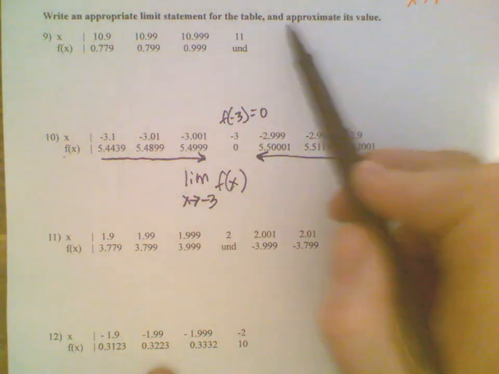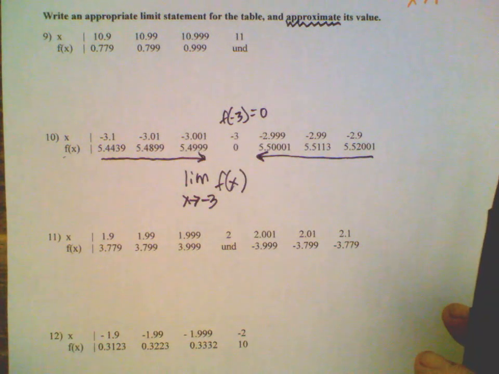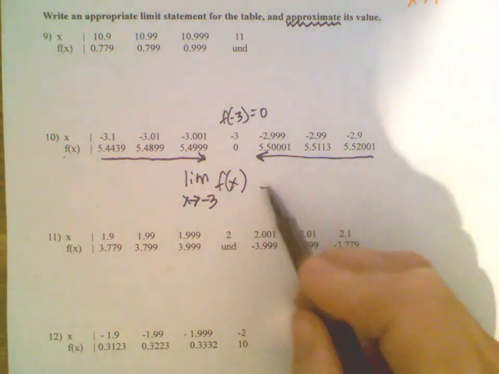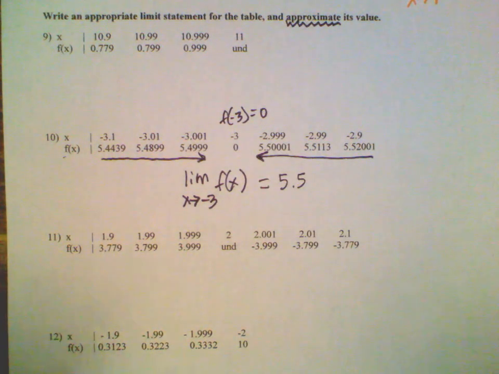And when our directions say approximate its value, that's all we can do. I don't know exactly where it's headed, but it looks like it's getting pretty close to 5.5 would be my guess, and that's the best I can do. And if you say give a value that's reasonable, that's all you need. It's just got to be a reasonable value for that limit.